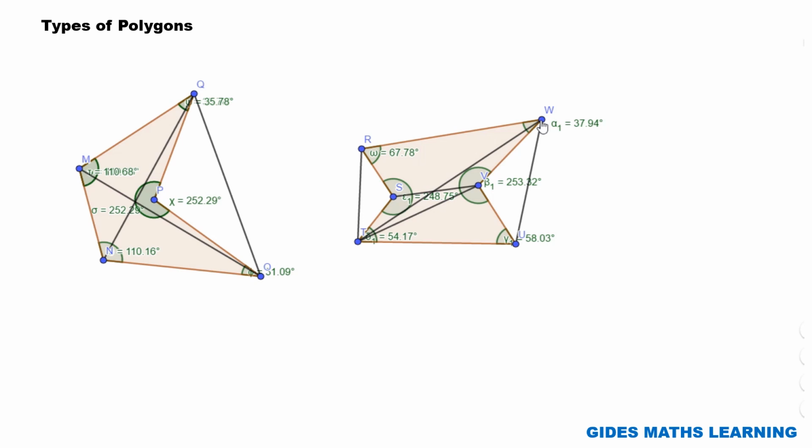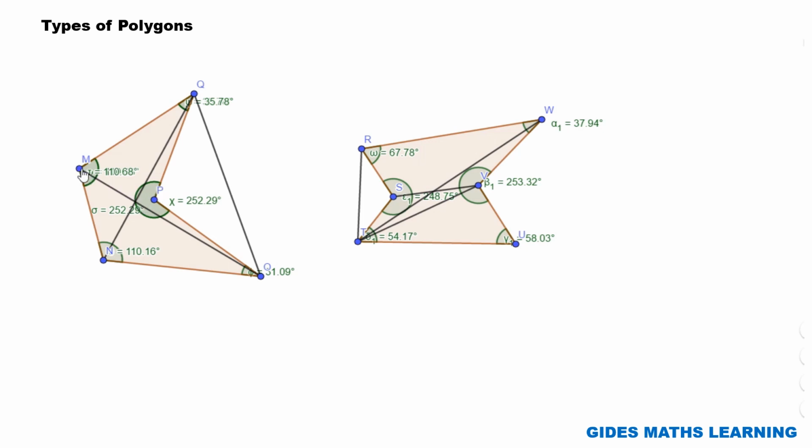So for concave polygons, at least one of the interior angles is more than 180 degrees, and also at least one of its diagonals falls outside the polygon. Now if you notice, at least one of the vertices of the concave polygon is pointing toward the center of the polygon.